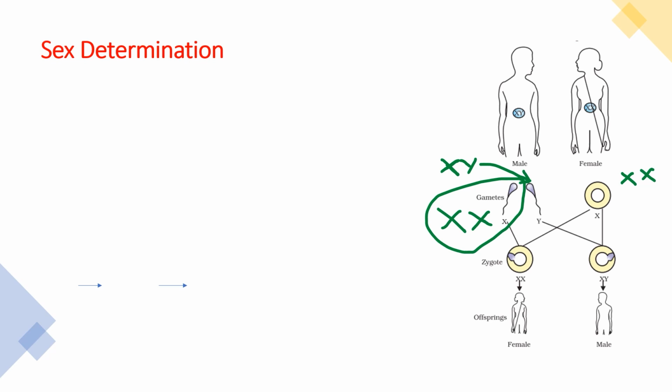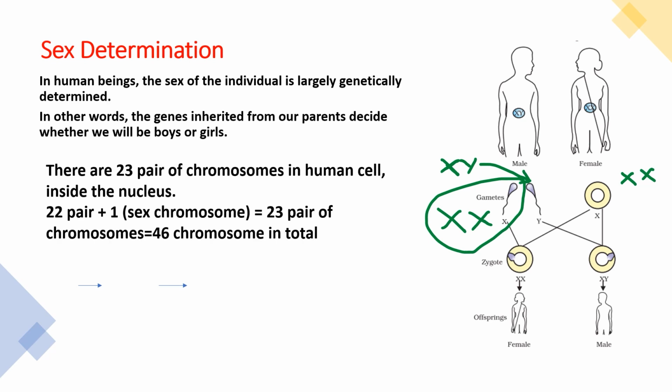They will decide the shape of the nose and all the physical features. But one pair are called sex chromosomes. They decide the future progeny's gender, whether it will be a male or female. Okay, so we have 23 pairs of chromosomes, that is 46 chromosomes in total.